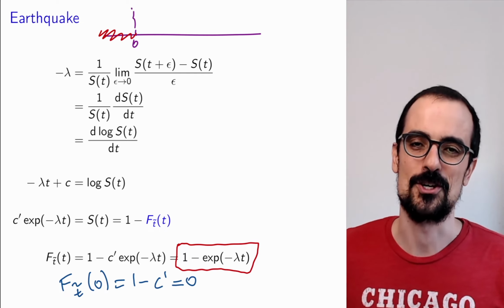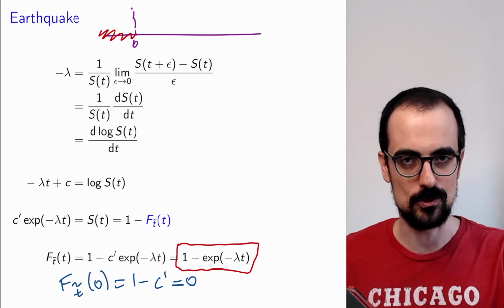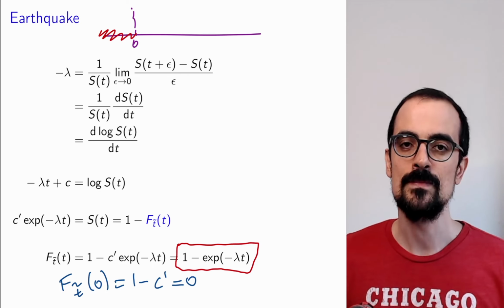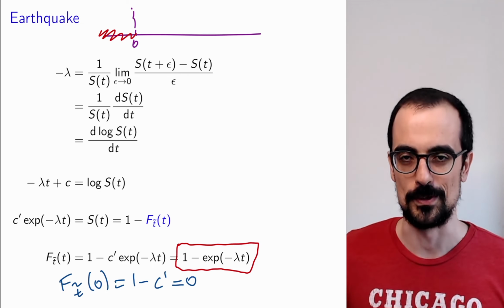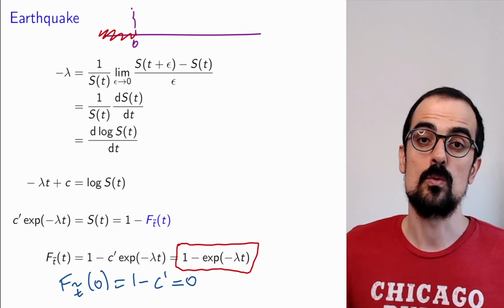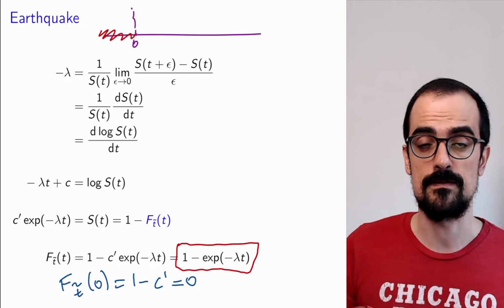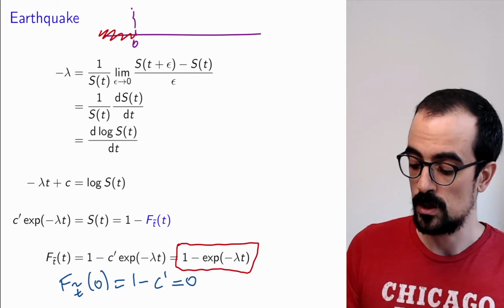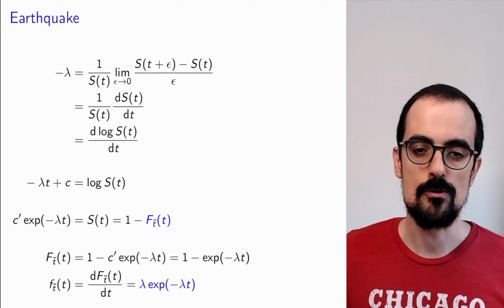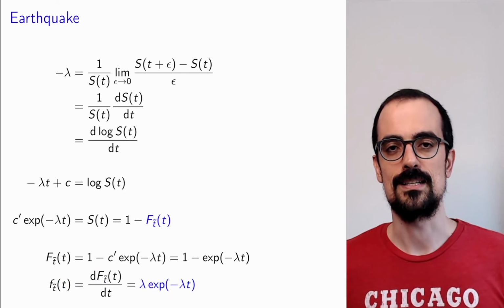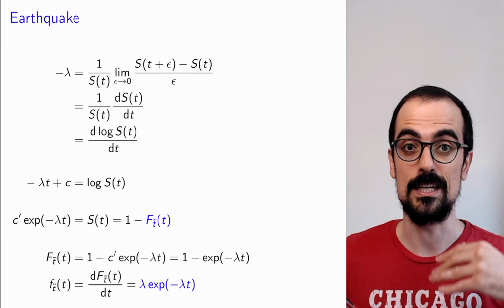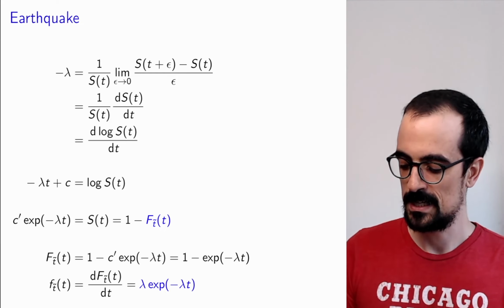Directly, maybe not super directly, because we had to derive this differential equation and solve it, but it's a direct consequence. So now if we want to find the PDF of the time until an earthquake occurs, we just take a derivative. We realize that this PDF is an exponentially decreasing function.